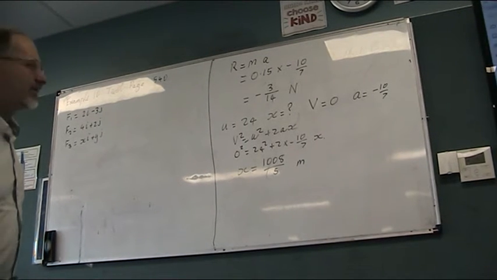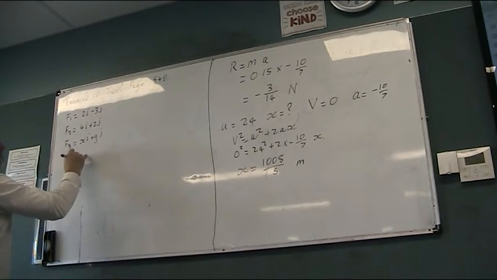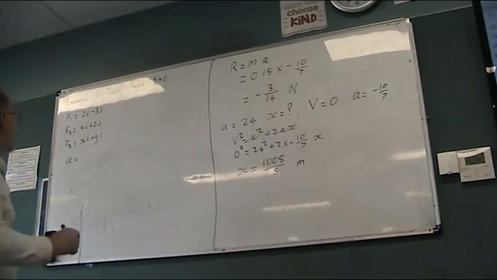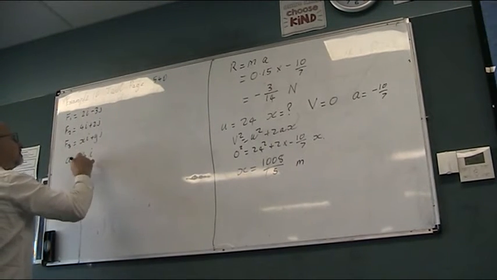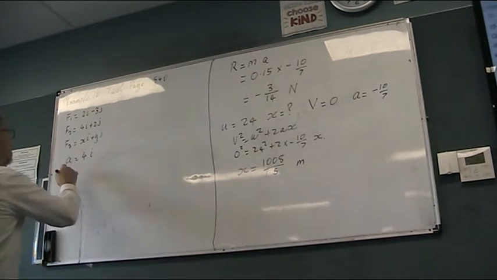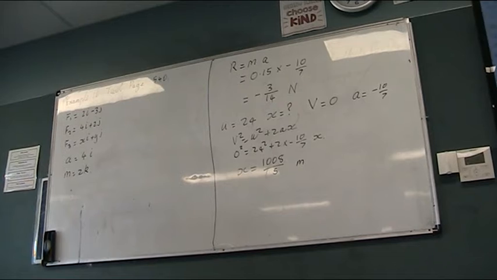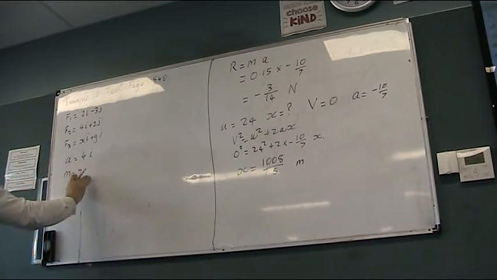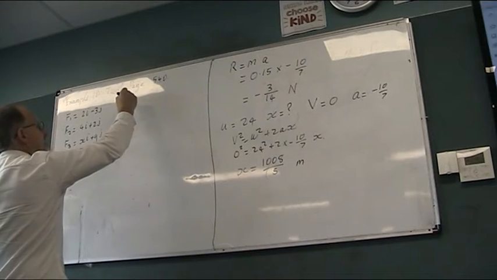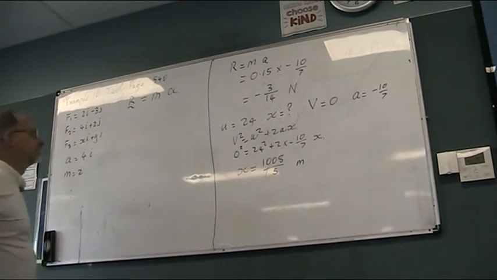We know the acceleration of the particle is 4i metres per second squared. We know the mass is 2 kilograms. Newton's second law says that the resultant force is the mass times the acceleration.